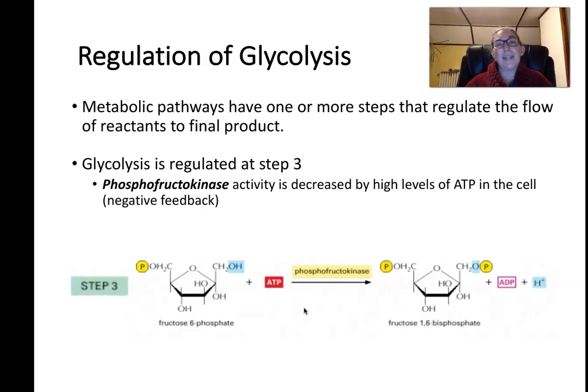And when the ATP levels in the cell go down, ATP is removed from phosphofructokinase and glycolysis continues. This is called a negative feedback loop, where the product of a metabolic process feeds back and negates or inhibits it.